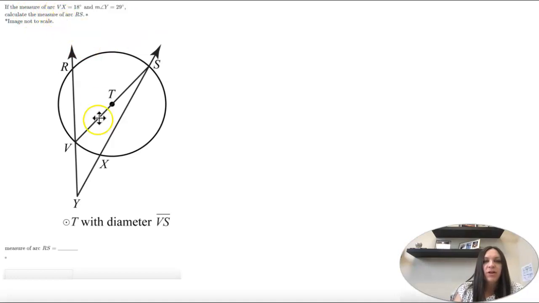If the measure of arc V to X is 18 degrees, and the measure of Y, so again, the outer angle of these two lines, is 29 degrees, calculate the arc R to S. So again, we need to use the two arcs and the outer angle. So I'm going to write it again.